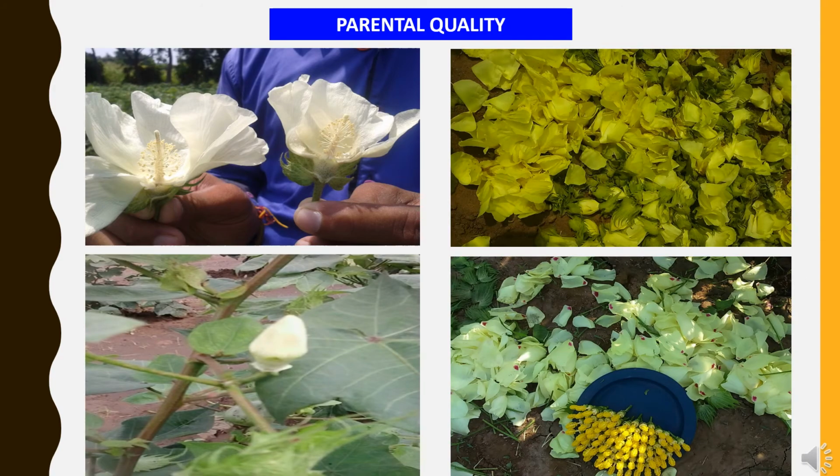If we are going for cotton hybrid seed production, we should have good knowledge about parental quality regarding morphological and floral characteristics. As far as floral characteristics are concerned, we should have clarity about petal colors, petal spots, anther colors, length of the stigma, bract size, and bud size.